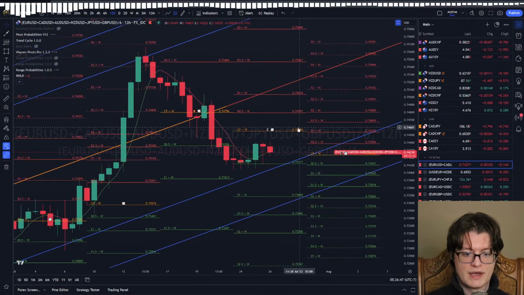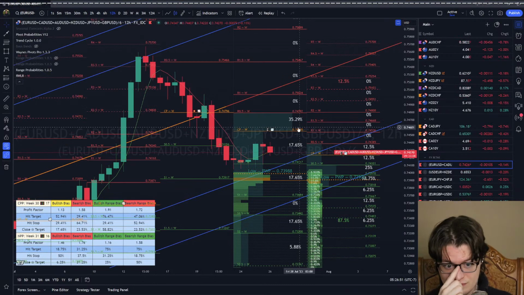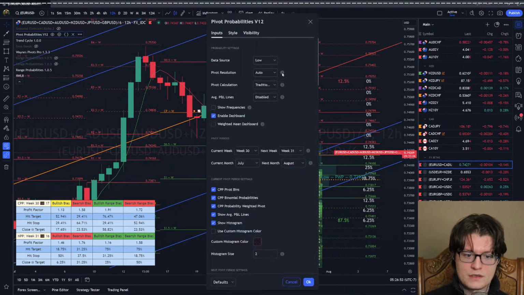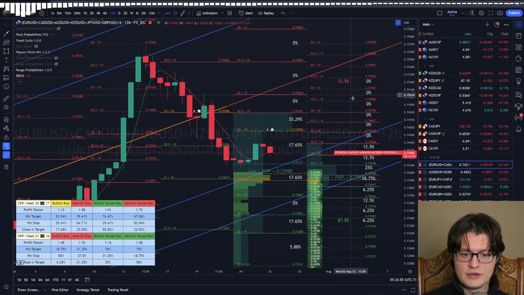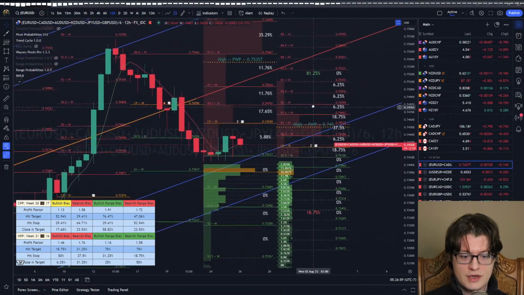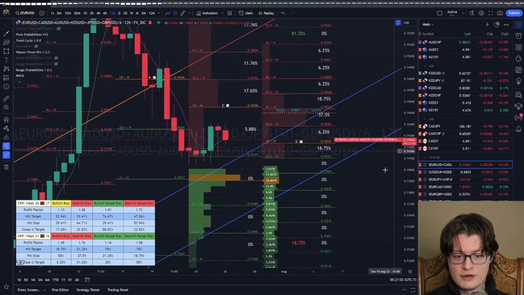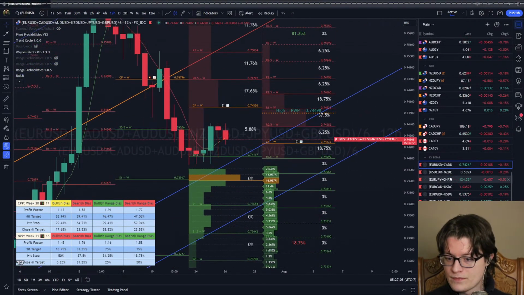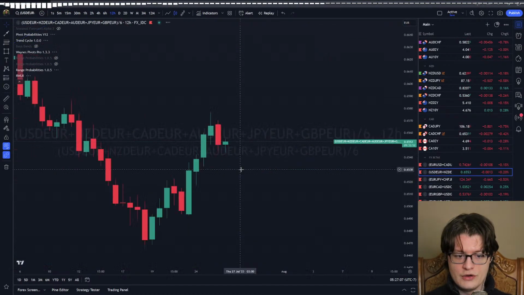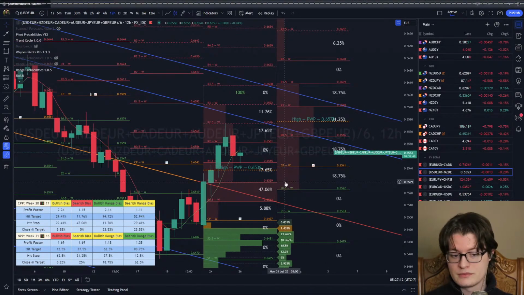So this is my US dollar beta. Let's look at our high odds here on US dollar. Yeah, pretty good shot of it continuing to move higher. Let's look at our euro. Well, actually, that means lower.